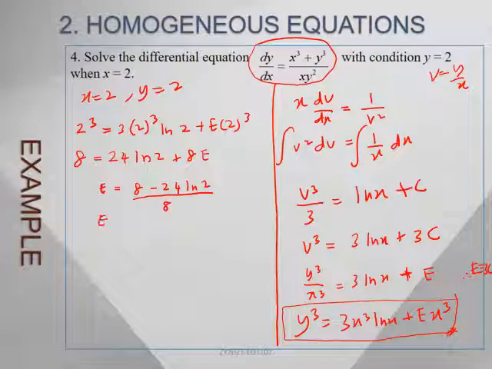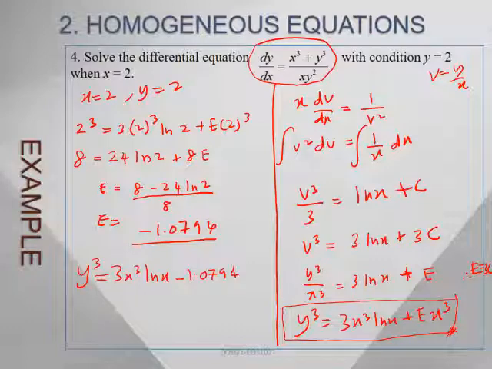So what's the answer? You can use your calculator. Negative 1.0794. So your particular solution will be y cubed is equal to 3x cubed ln x minus 1.0794 x cubed. So that's it.